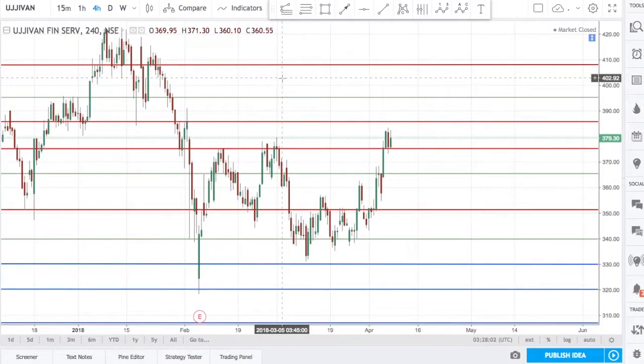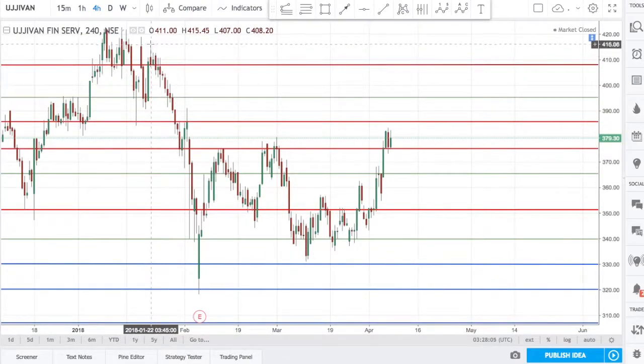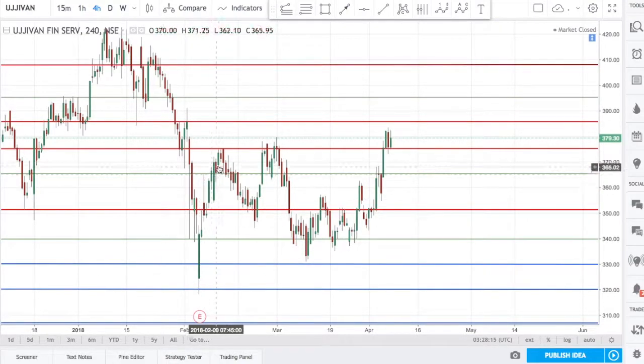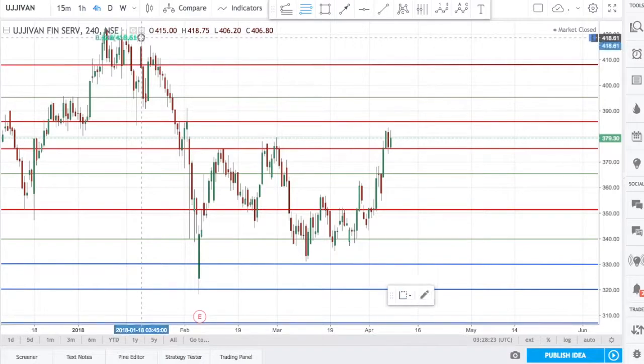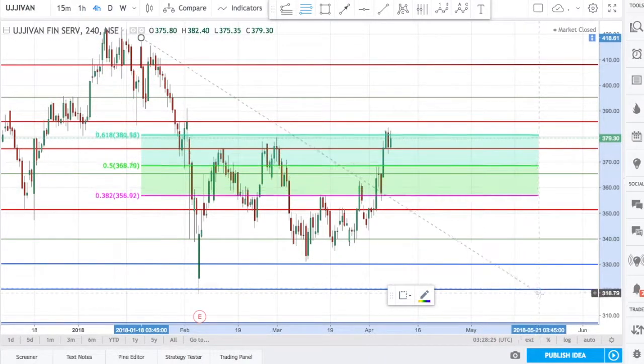The stock price is in a downtrend. A retracement into the 0.618 level, this, I believe, is the 0.618, approximately.